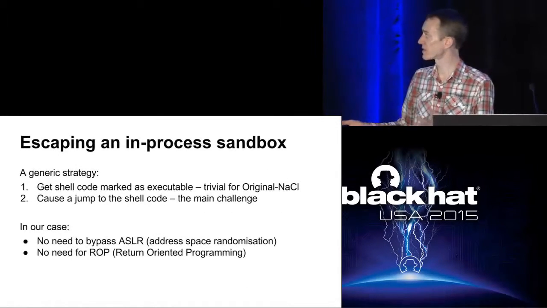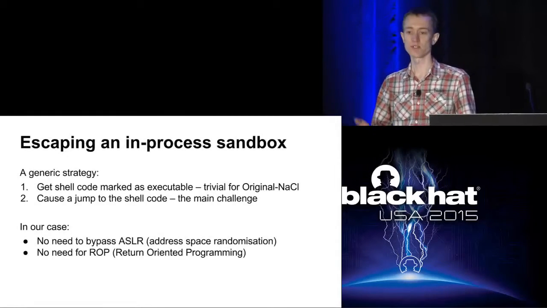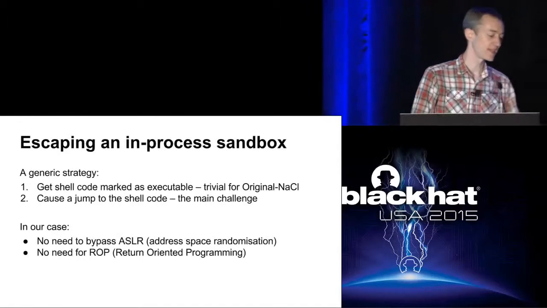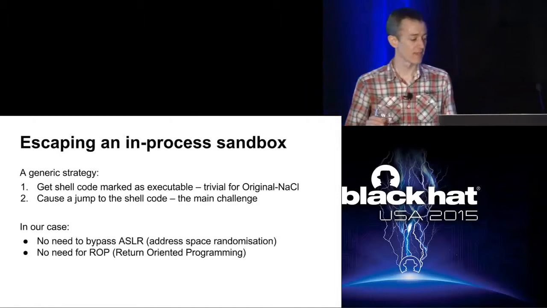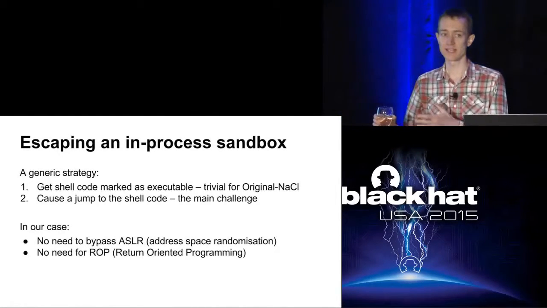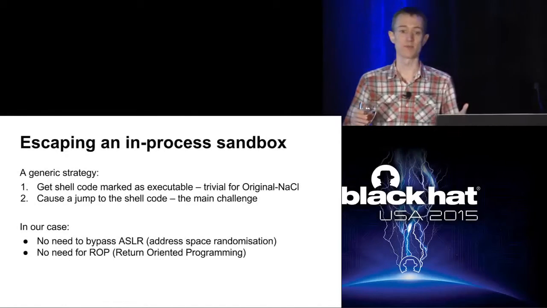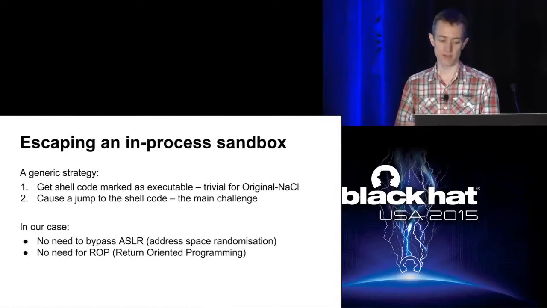So if you have a sandbox like that, there's a generic strategy that you can use for escaping an in-process sandbox. So firstly, you would try to get your shell code, your attack code, marked as executable. And for NaCl, that's actually fairly easy. And the second step would be to try and cause a jump to that shell code. And that's the main challenge in this case for NaCl.